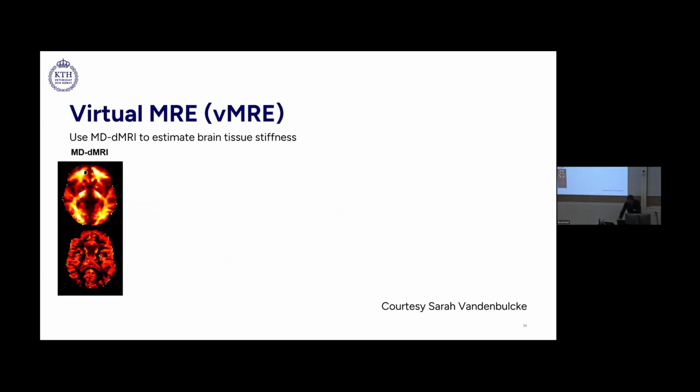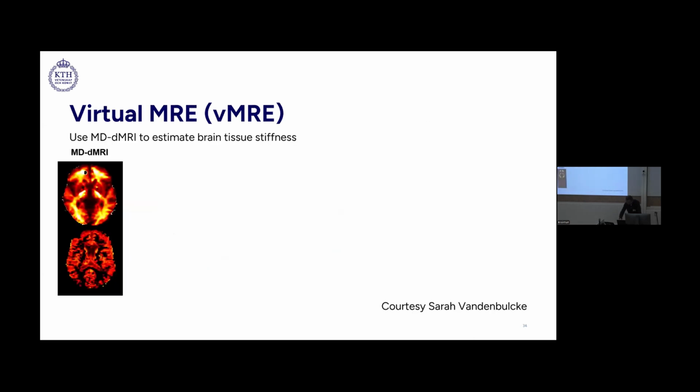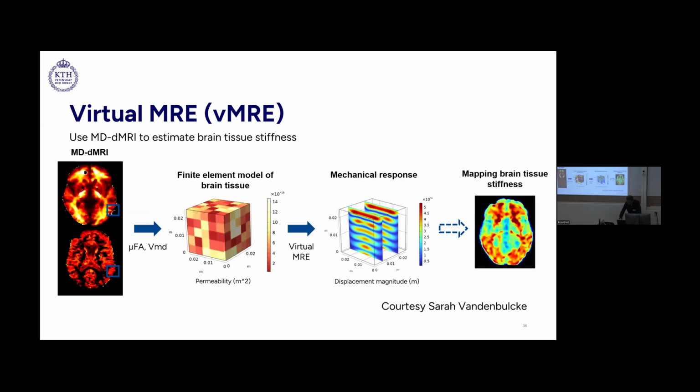How to do that? We have two objectives. One is this one, and then the other one is to do something that is called virtual MRE, that is, given MUDI, to create a finite element model and then predict stiffness just from diffusion, from MUDI.